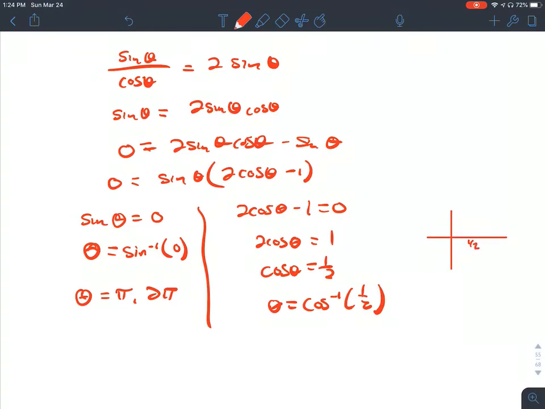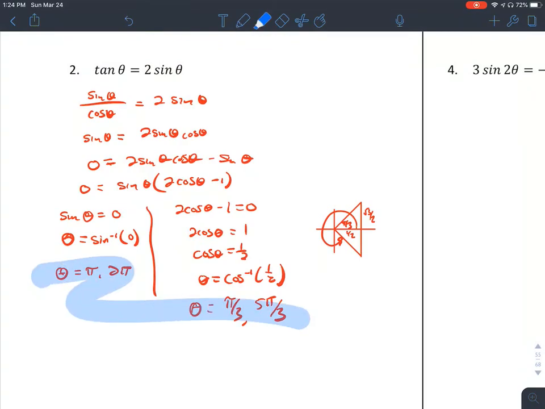And if that's 1/2, that means this is square root of 3 over 2. That makes this angle pi over 3. So in quadrant 4, you're going to be pi over 3 short of 2 pi. So theta is pi over 3 and 5 pi over 3. So those are our 4 answers for this.